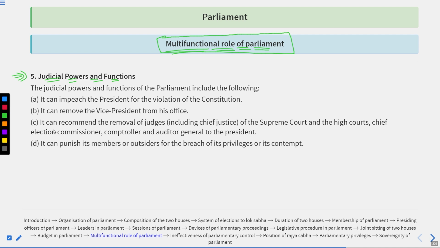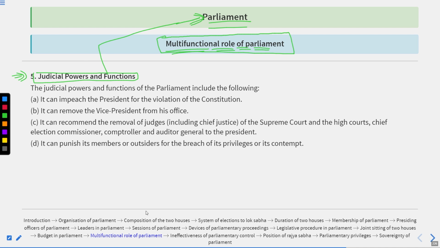Most of us will counter why we are talking about the judicial powers and functions in respect of the parliament. Why? Because the parliament is the legislature, and the legislature in India does not have the power to interfere with the judiciary, right?